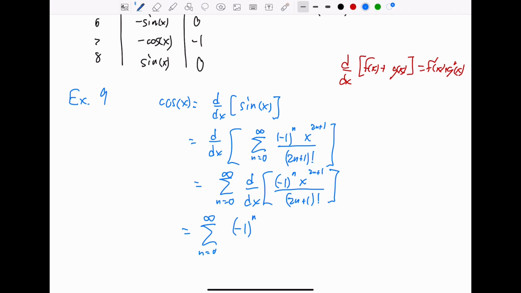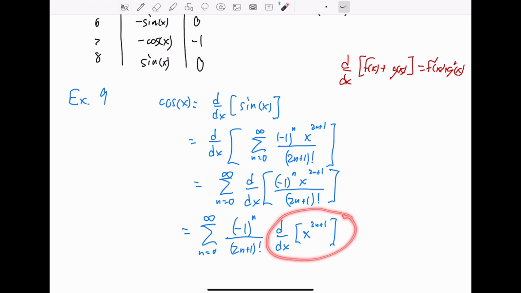And now we have the derivative of what is left. We just have x^(2n+1) left. So what is the derivative of x^(2n+1)? This is simply the power rule. I take the power 2n+1, bring it out front, and subtract 1 from the power. So I can now evaluate this derivative here.